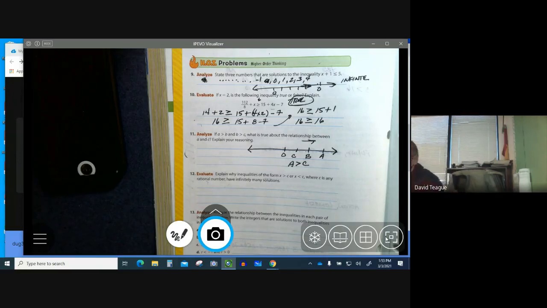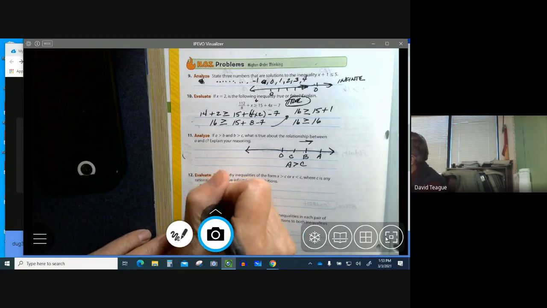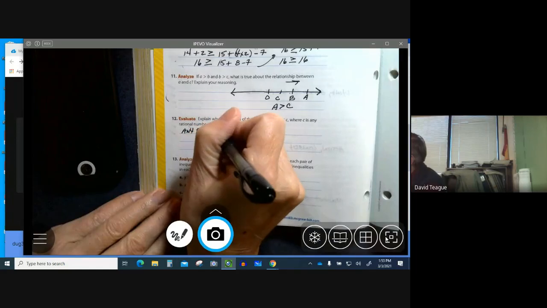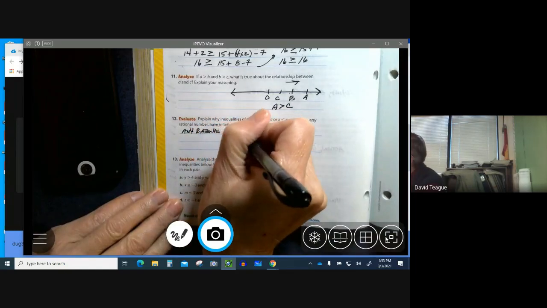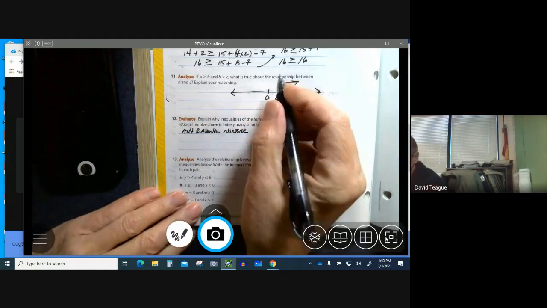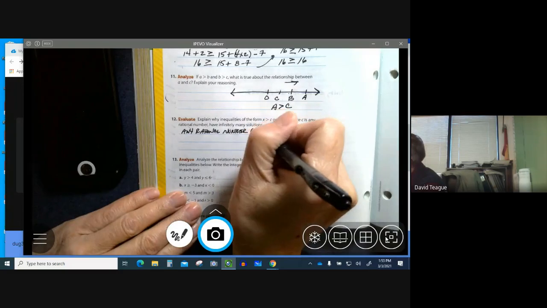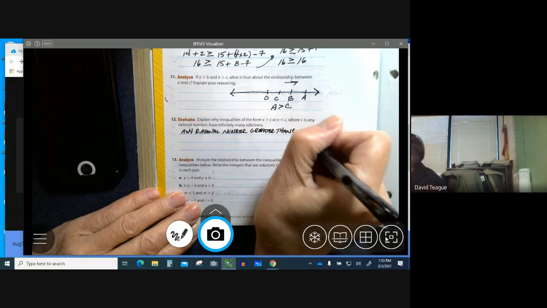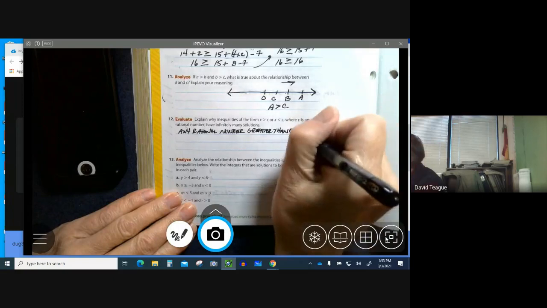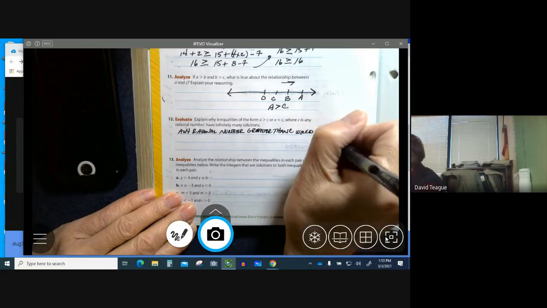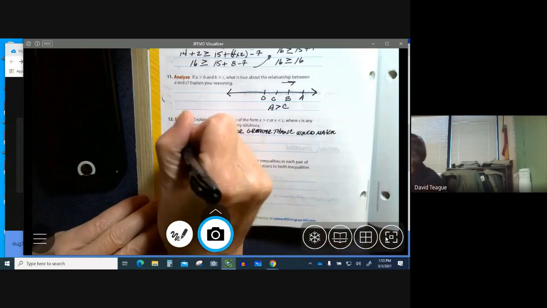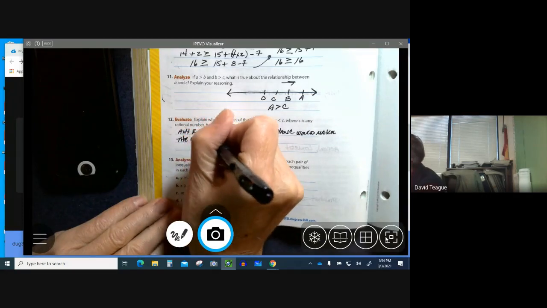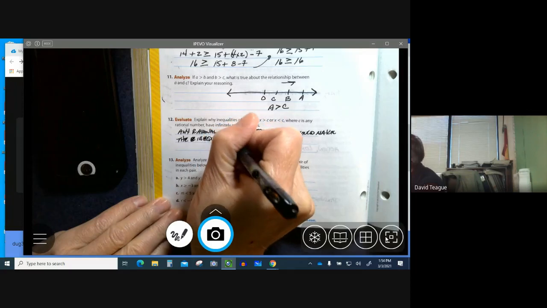So any rational number greater than c would make the inequality true.